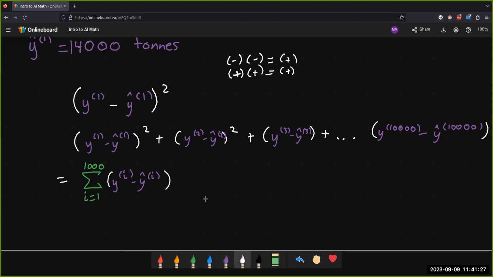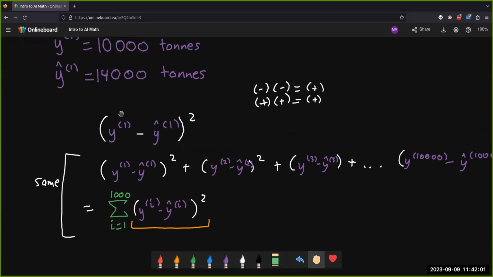So this compact expression means the exact same thing as this thing above. These two things are the same. This is just mathematical shortcut notation that's common in computer science. What it means is, you see this expression over here, it is basically like an equation. We take i, a variable, plug it into the equation, and then we get back a number. So for example, when i is 1, then you plug in 1 and 1 here.